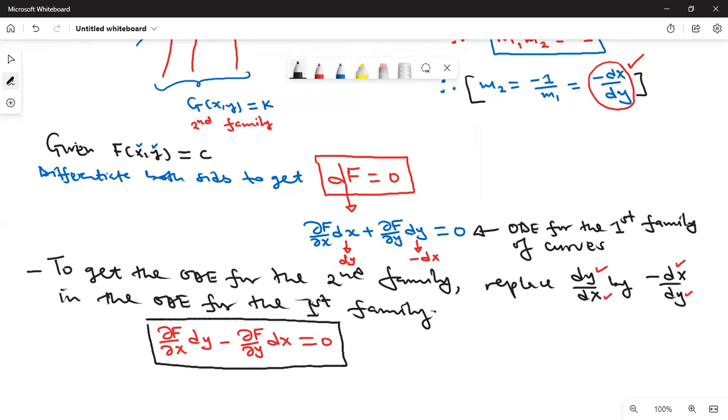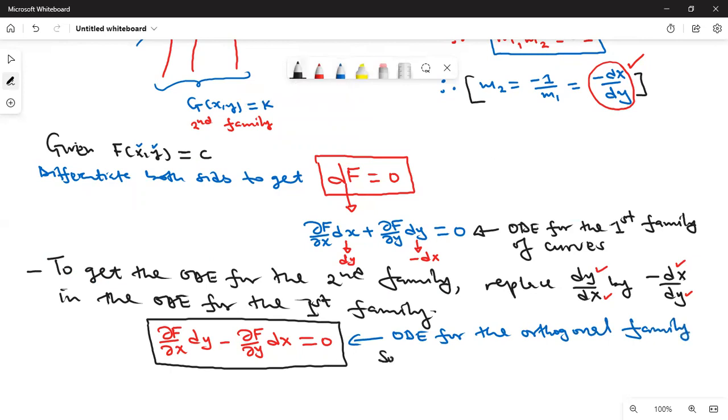So when you solve this, you obtain the orthogonal trajectories. So this is the ODE for the orthogonal family. This is what you need to solve.